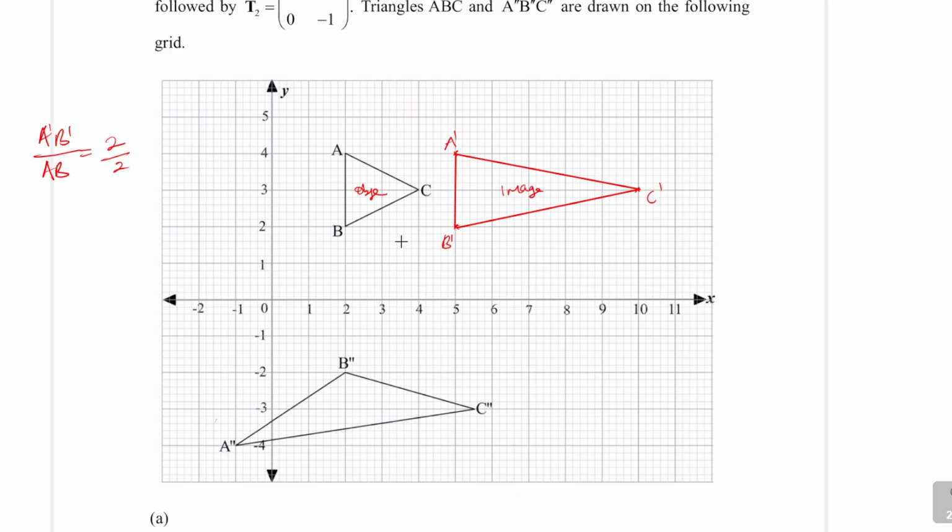Under a shear, the area remains constant. The area does not change under the shear. In this triangle, you can see the base is the same, 2 units, but the height has changed. And that will give a difference in the area. So with that point alone, that cannot be a shear.